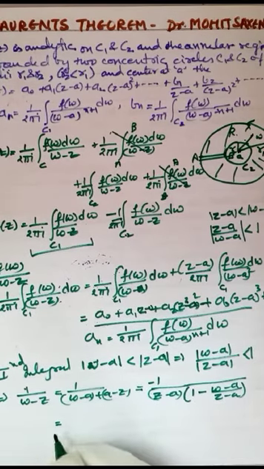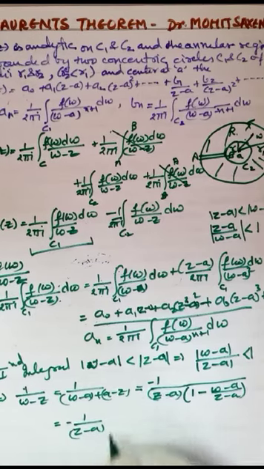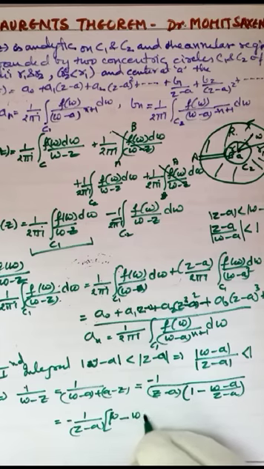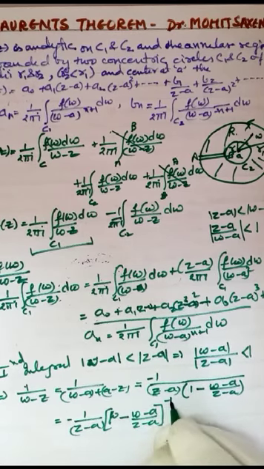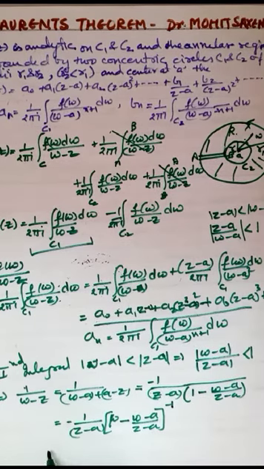This is equal to minus 1 upon z minus a, times [1 minus (w minus a) upon (z minus a)] to the power minus 1. Make a binomial expansion of this.